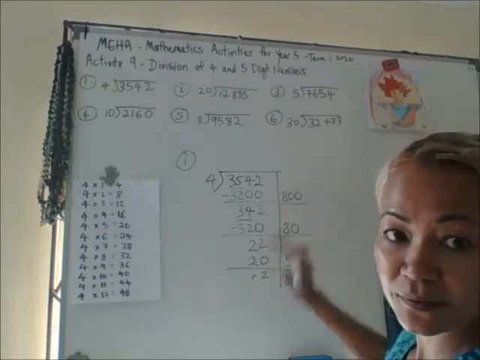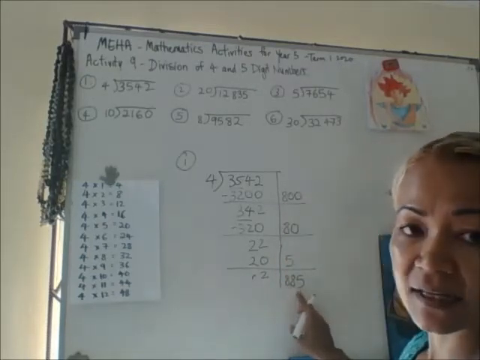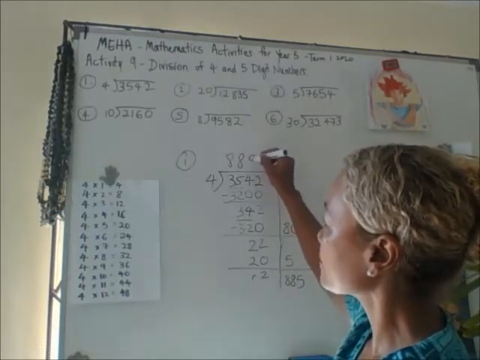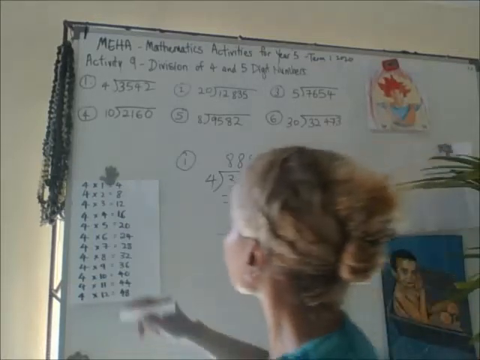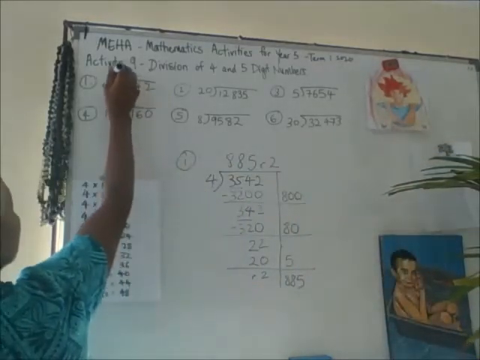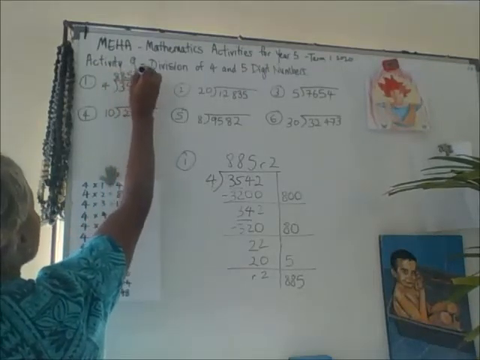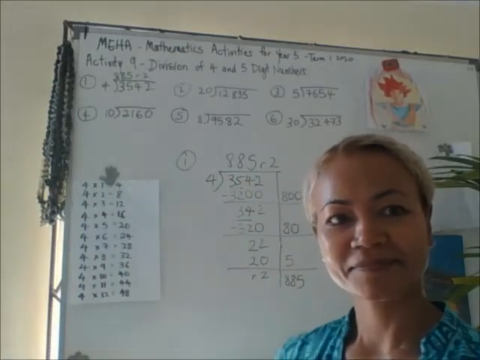I haven't really put it in its proper columns. But if you add it down, 885. So your answer is 8, 8, 5, remainder 2. So I'll put the answer up here. 8, 8, 5, remainder 2. Okay?